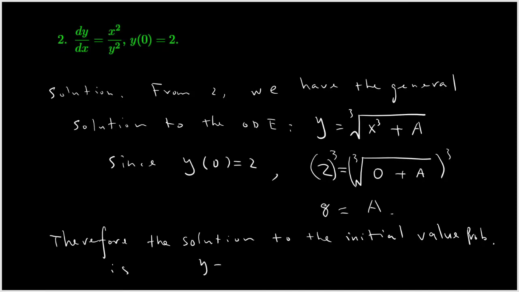So you have y equals cube root of x cubed plus 8. You could verify all the conditions are satisfied. By that I mean you could verify the function is indeed the solution to the ODE, and also the function satisfies the initial condition. I'm trying to say the two things are satisfied. So we're done with question 2.